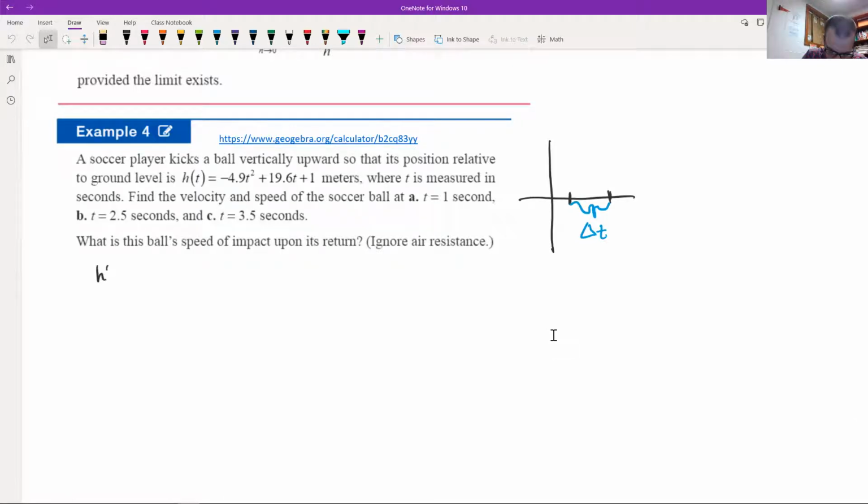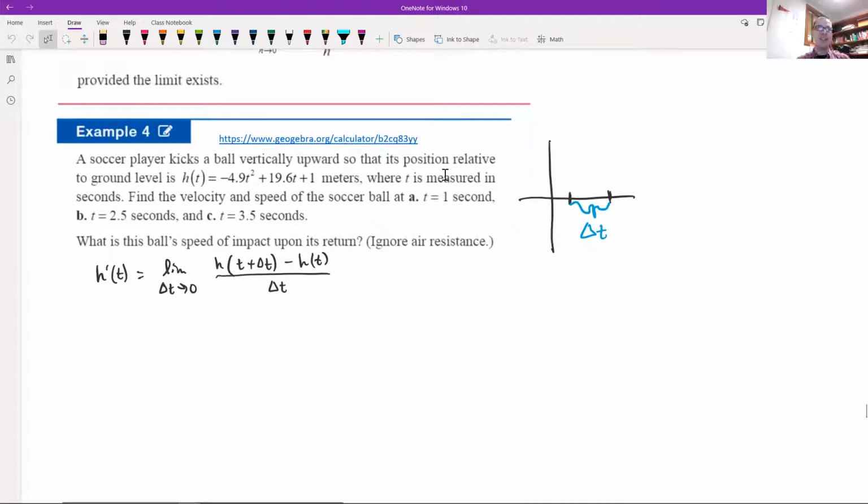H prime of t, the derivative of h, is equal to the limit as delta t goes to 0 of h of t plus delta t minus h of t, all over delta t.